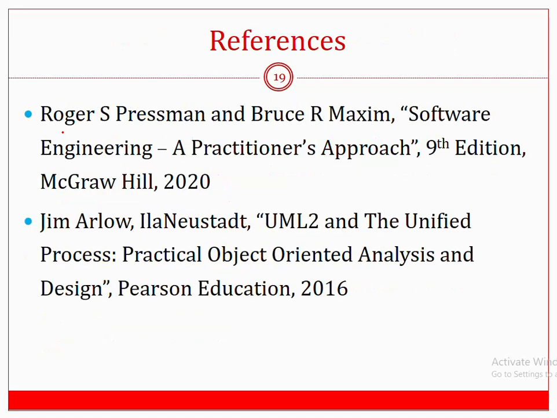From a placement perspective, use case modeling is again one of the most frequently asked UML topics in software engineering interviews. Interviewers may ask you to identify actors, draw a use case diagram for a given application such as ATM, library management, etc., and explain the difference between actors, use cases, scenarios, and system boundaries. Mastering this topic will help you in your mini project, final year project, software documentation, and system design interviews.